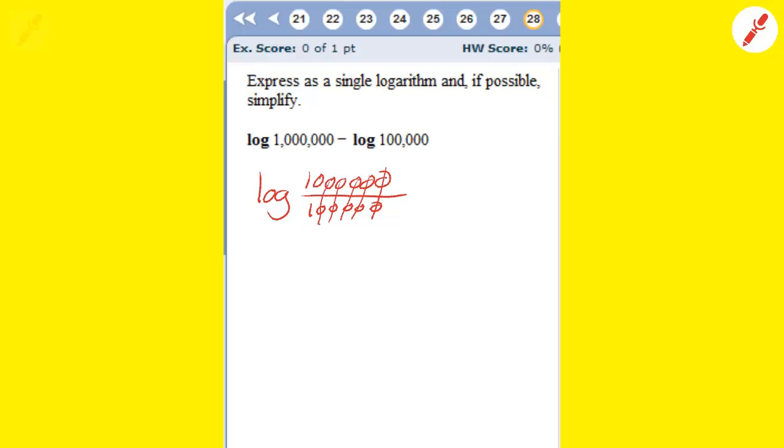The zeros are tens and they cancel, and I'm left with the log of 10.